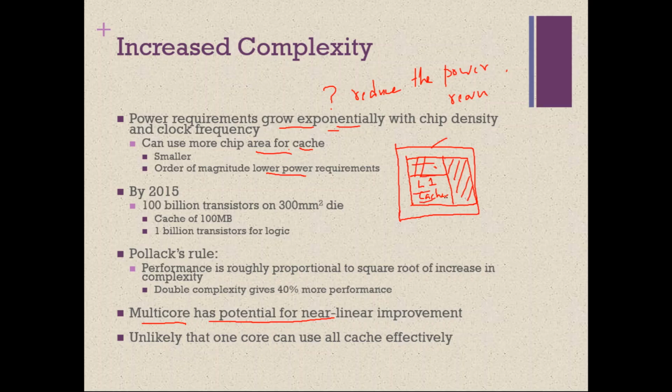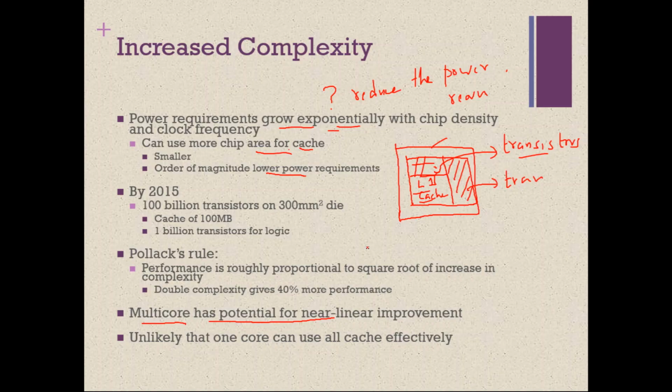The reason is that the type of transistors used in cache memory consume less power when compared with the type of transistors used in the processor for performing computation operations.